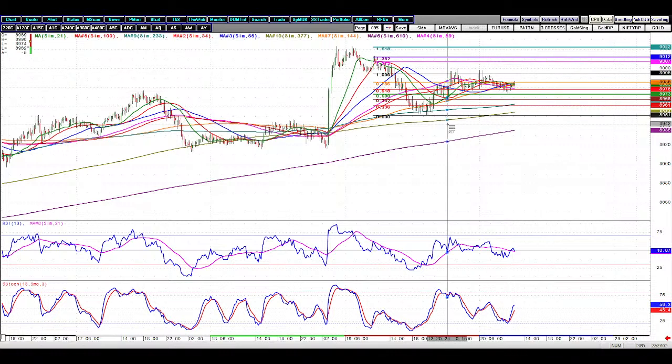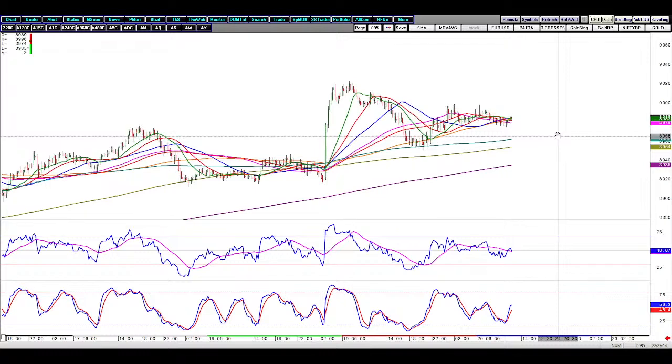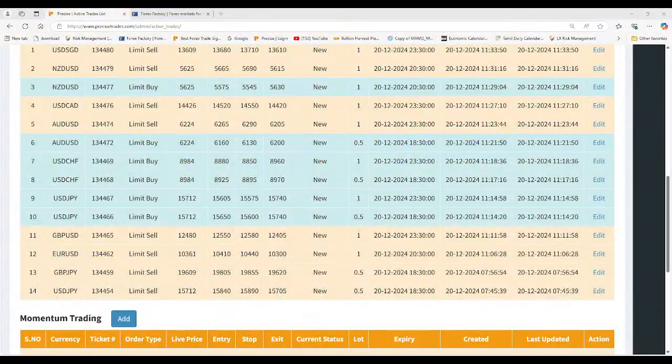Then on the other hand, either you can buy here or you can buy on the extension of this, which is 89.30, and exit before 89.80. So this should be your two trade setup. One is sell, one is buy. Okay, let's see what we have given.